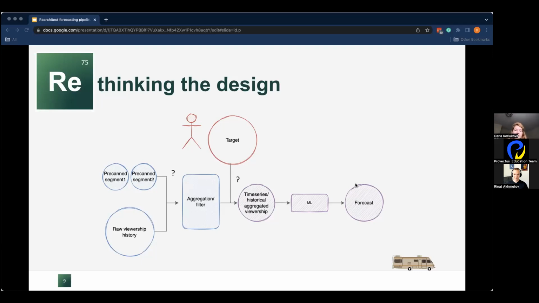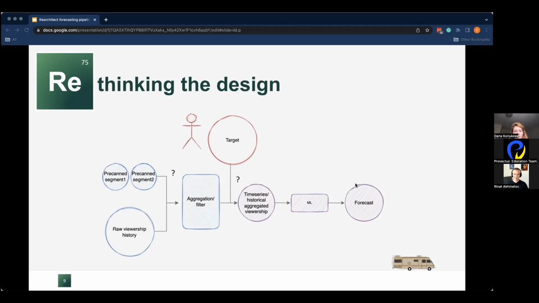We started brainstorming ways to still have some of the data pre-processed in advance so that we can run our aggregations on it beforehand, and only in the middle of this pipeline would the target appear. Basically, the idea was that we need to move our target down the pipeline to the right, to make the pipeline more lightweight.